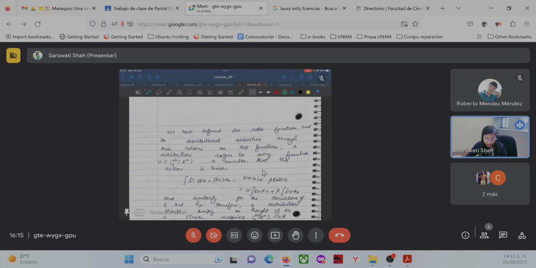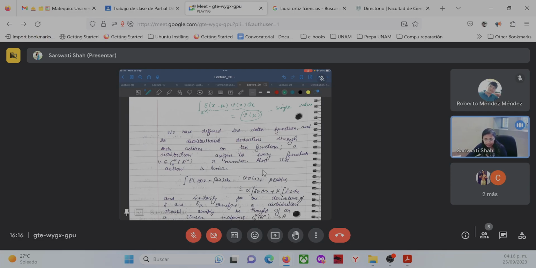So we have defined the delta function and its distributional derivative through their action on the test function. So what we have defined is the integral of delta of x minus mu times v of x dx equals v of mu, and this is a single value, the action of the delta function on a test function.